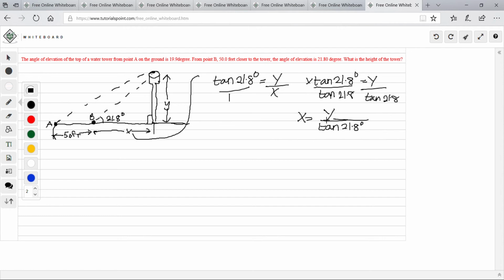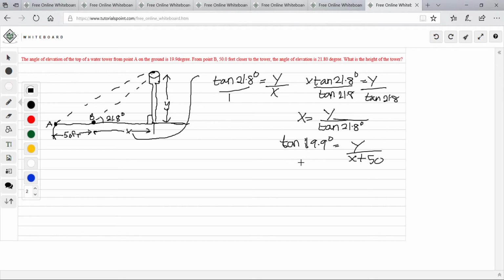Okay, since the distance to the base of the tower from point A is x plus 50, right? It's this whole distance, which is x plus 50. We can say tangent 19.9 degrees equals y over x plus 50.